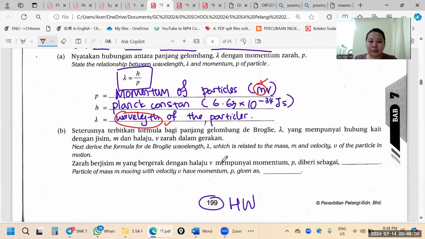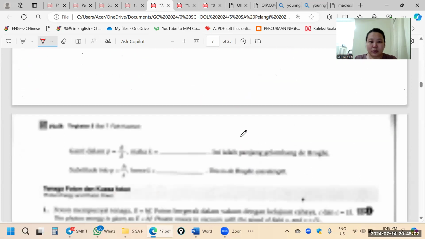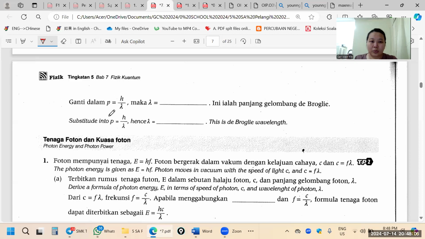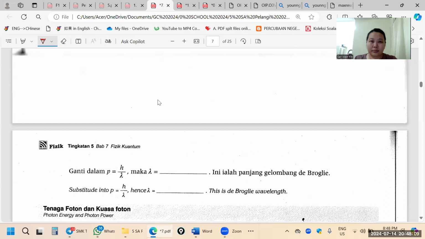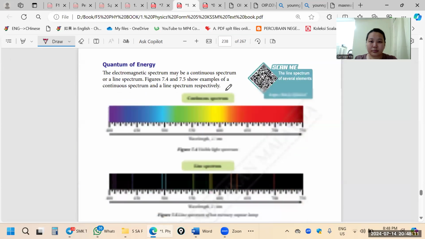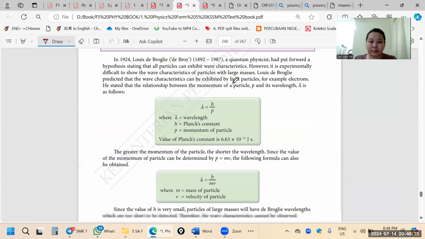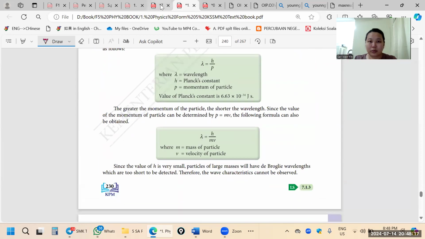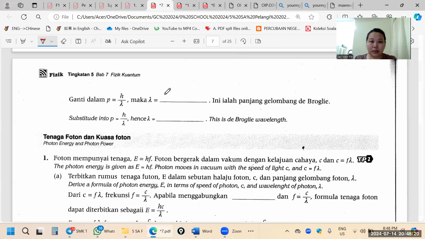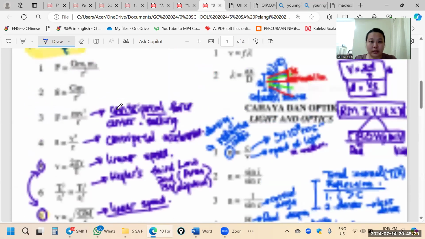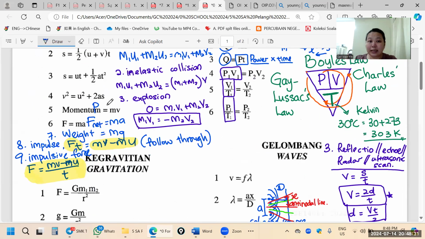So we can see lambda equals h over p. Then in Form 4, we learned momentum p is mv.